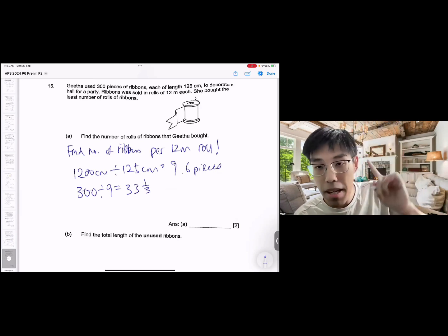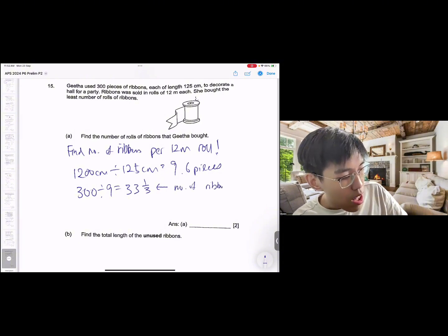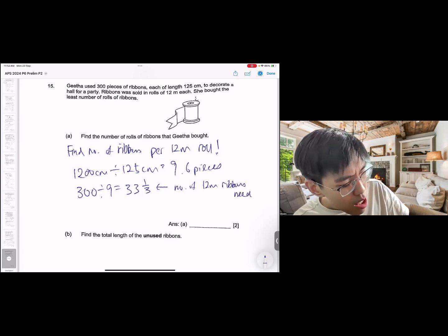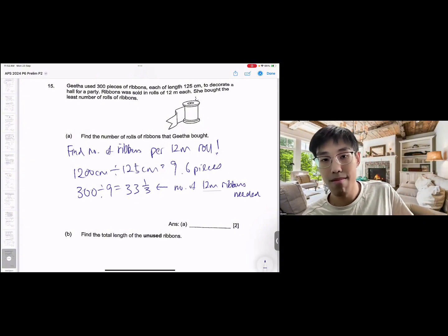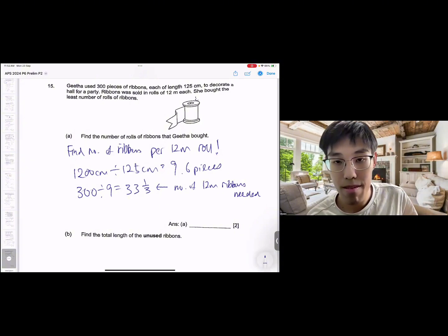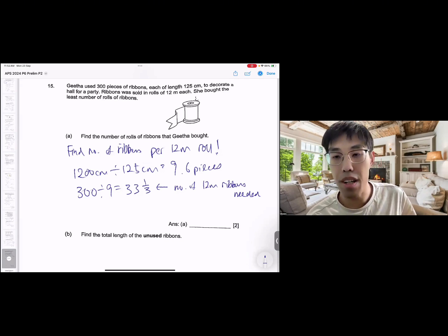That's why the statement is important. This one tells me the number of 12-meter ribbons needed. But I cannot buy 1/3 of a ribbon.